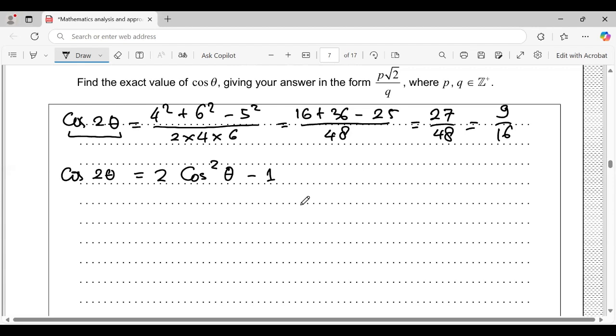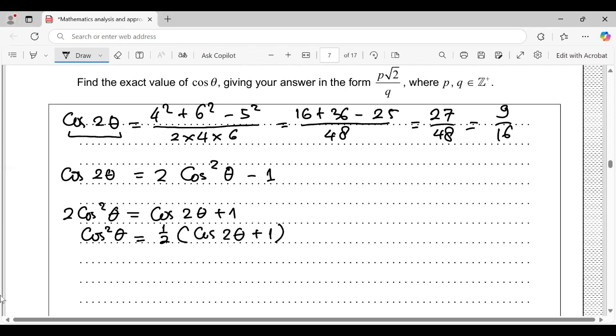Or we can rearrange this formula: 2 cosine squared theta equals cosine 2 theta plus 1. And the next step, cosine squared theta equals 1/2 of cosine 2 theta plus 1.